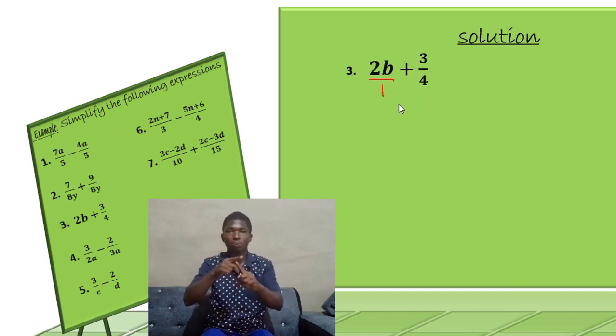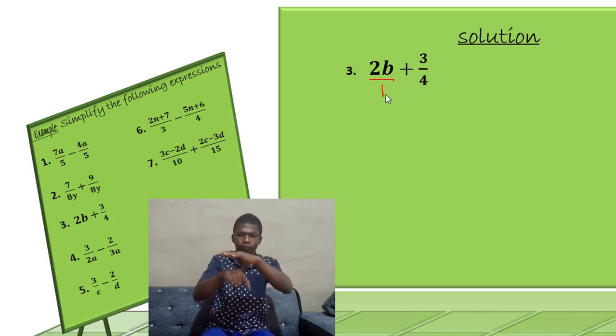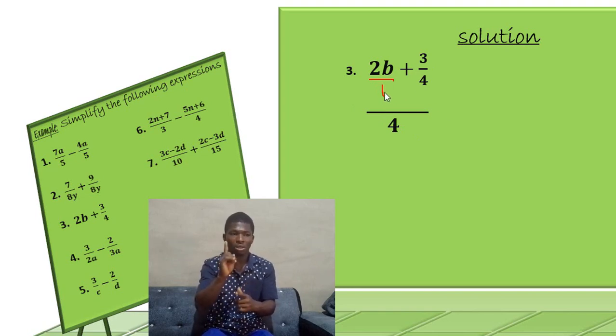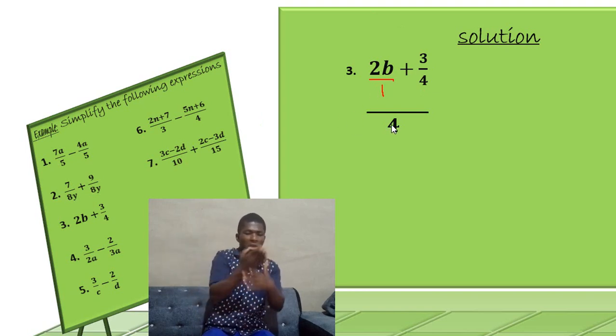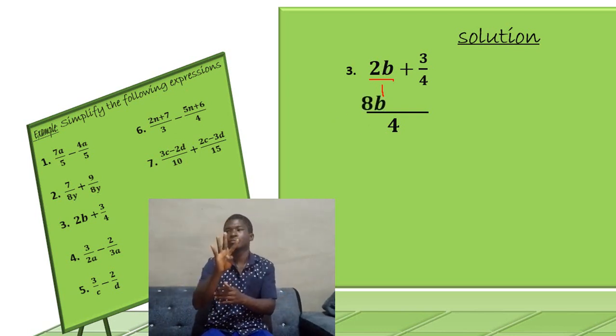Right now I have two denominators, 1 and 4. So what is the LCM of 1 and 4? That's 4. Then draw the division line. 4 divided by 1 is 4. 4 multiplying by 2b is going to be 8b.